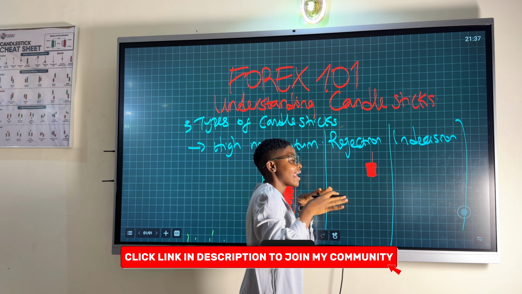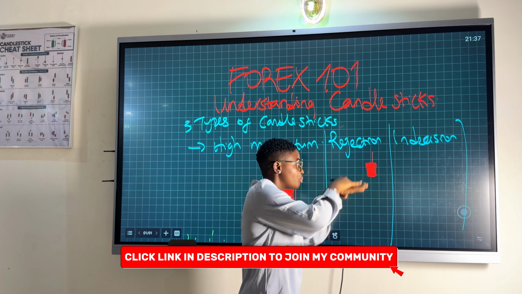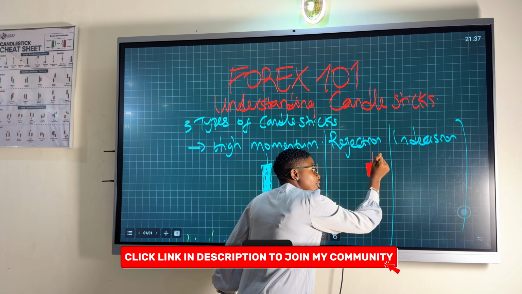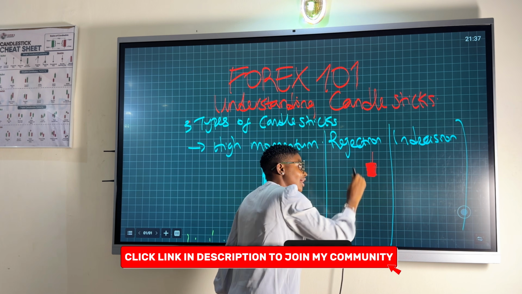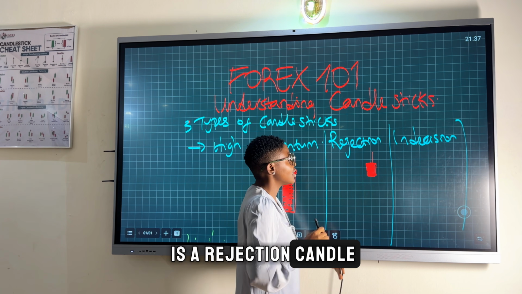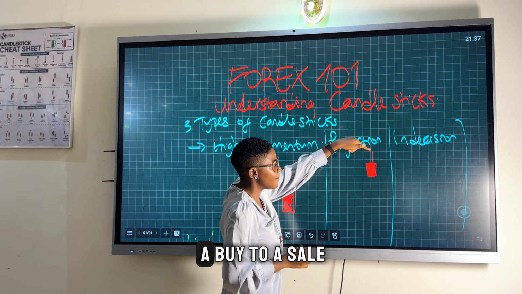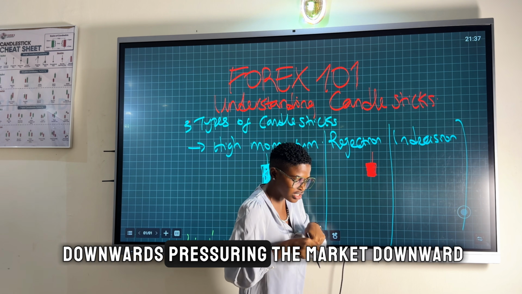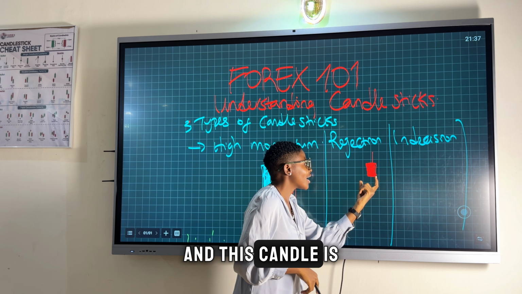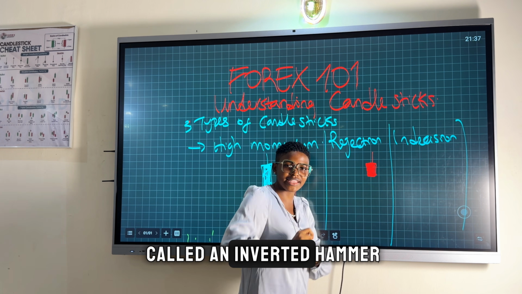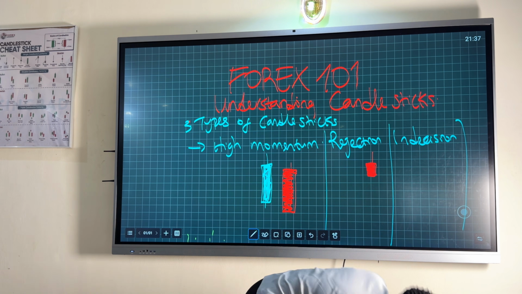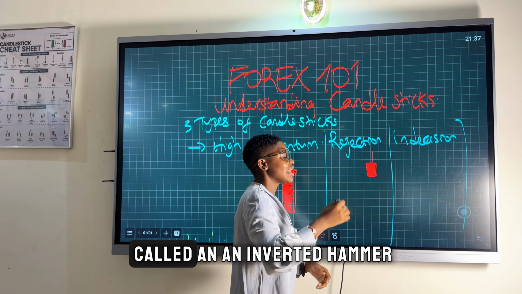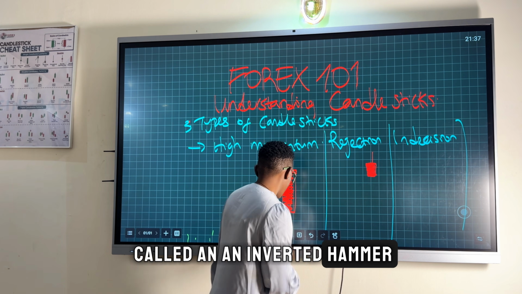So sellers were able to compress the market and push it back down, and the body forms here. So this candle is a rejection candle because it rejects from a buy to a sell. It is rejecting downwards, pressuring the market downward, and this candle is called an inverted hammer.